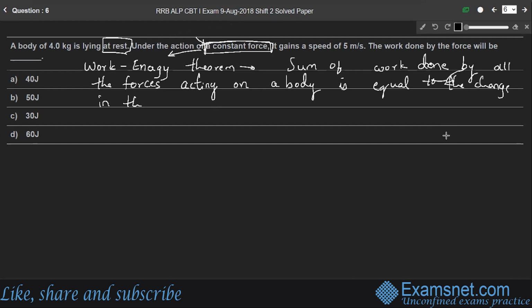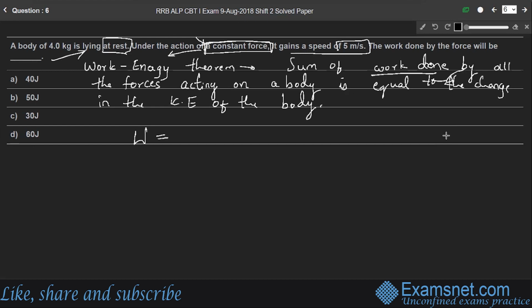So what amount of work has been done on a body which was at rest, so that the body gains a speed of 5 meter per second? Therefore, this work done on the body is equal to the change in the kinetic energy of the body.